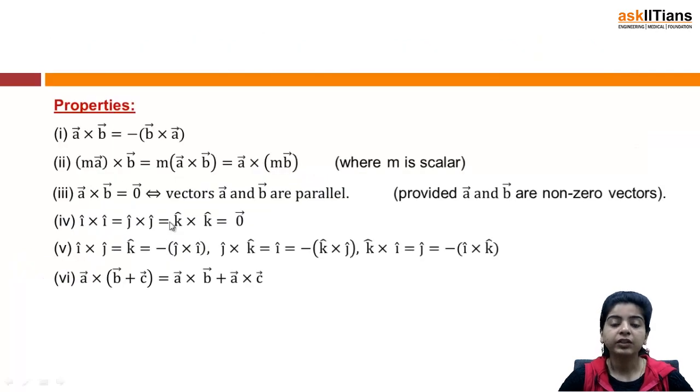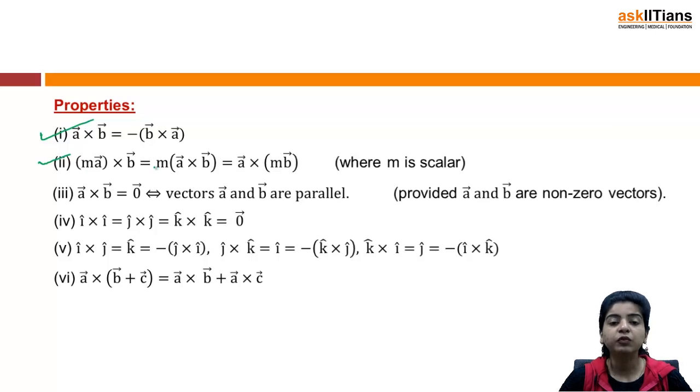Now we have certain important properties of the vector or cross product. The first one is A cross B is minus of B cross A. That means you cannot change the positions of the vectors. The order of the vectors is extremely important. So if you want to reverse the order, you will have to put a negative sign. The second one says (mA) cross B is m(A cross B) is A cross (mB), where m is a scalar.